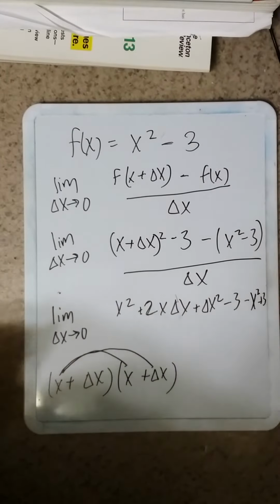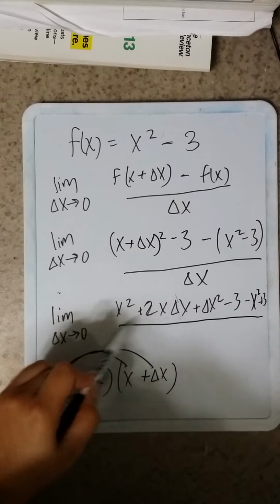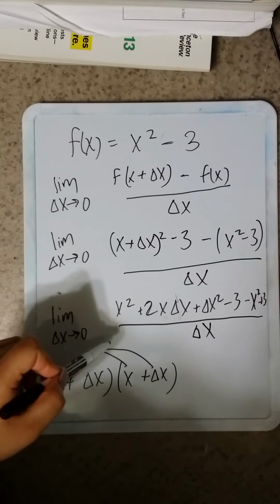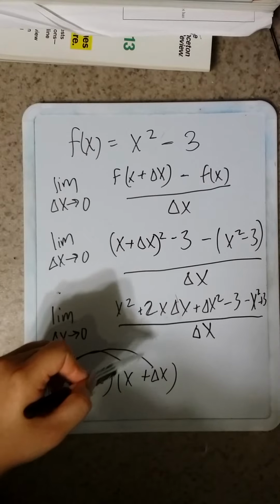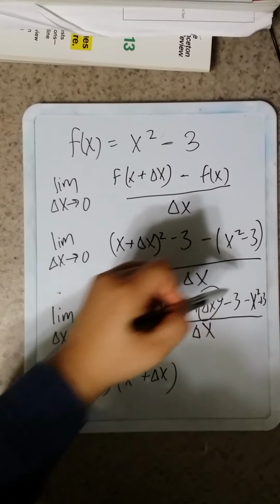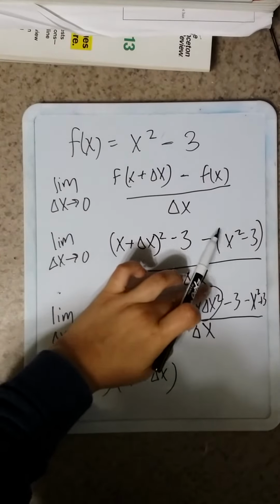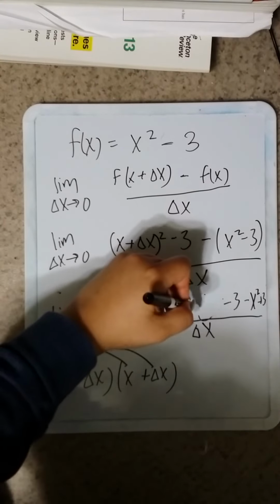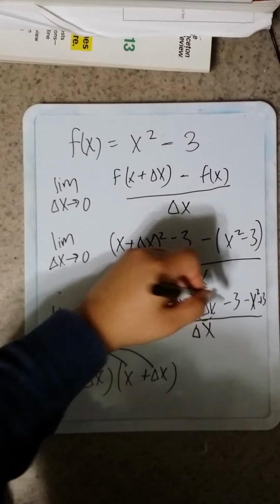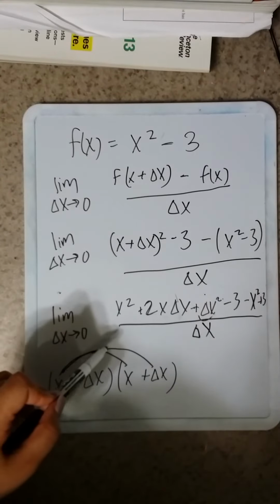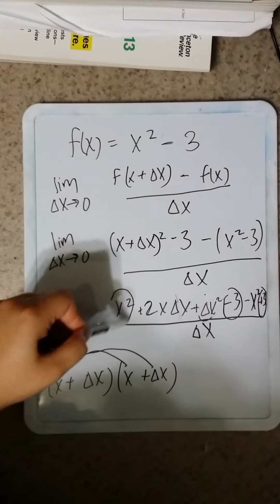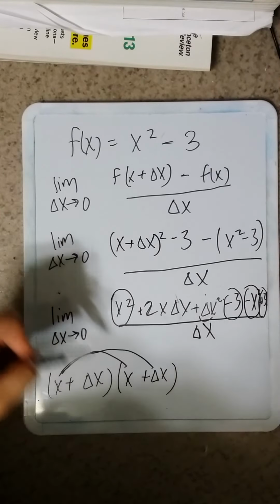Just remember that's 3 right there, all over change of x. Now let's see what we can cross out. You can cross out the minus 3 plus 3, and cross out the x squared minus x squared.